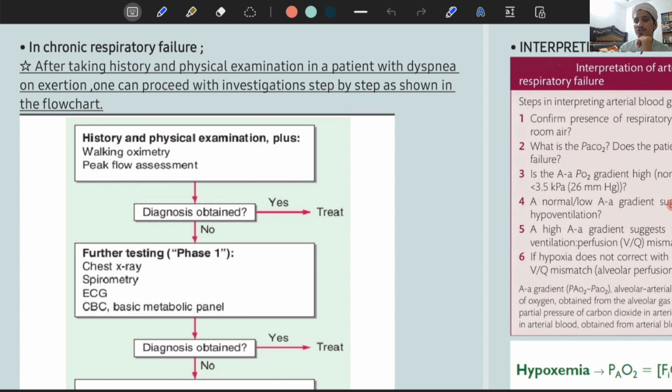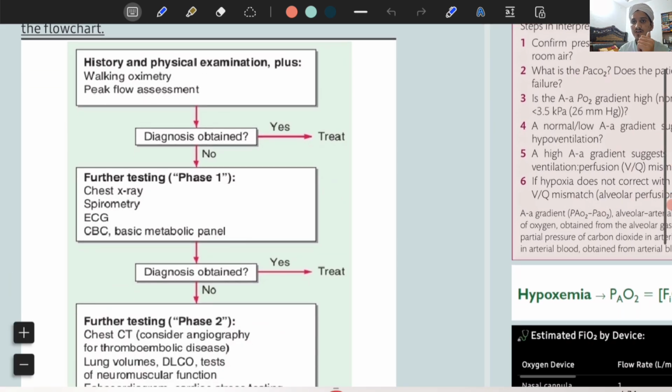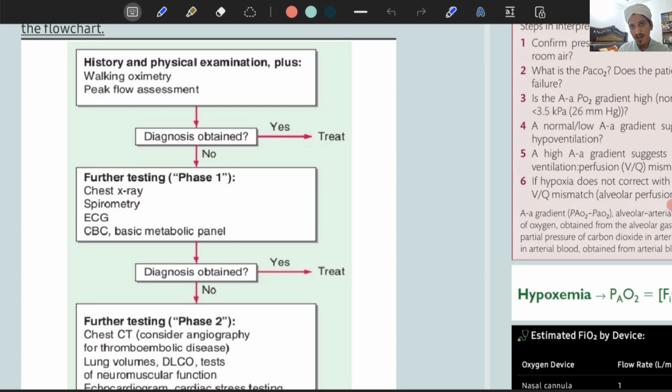In chronic respiratory failure, you will have time, so you can proceed step by step. Take a history and examination in a patient with dyspnea on exertion. One can proceed with investigation step by step as shown in the flow chart. So first you will do a walking oximetry. Why walking oximetry? The patient will come and sit, his saturation will be normal, but in a patient with chronic respiratory failure, you should take a walking oximetry to rule out the chronic respiratory failure which the patient has when he has some exertion.